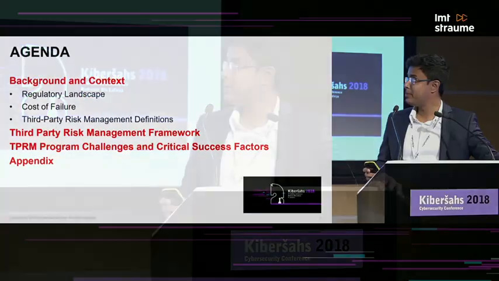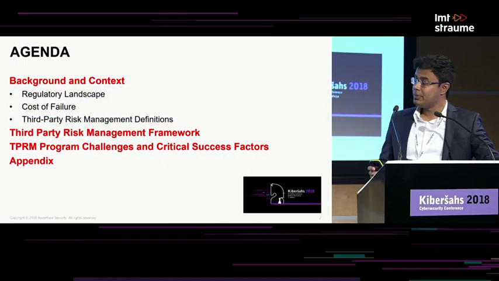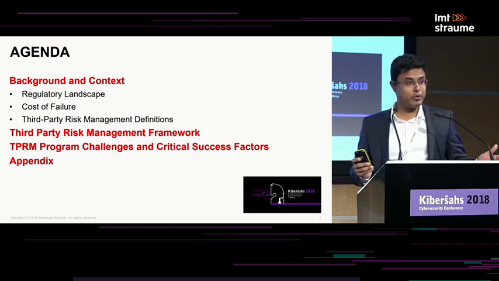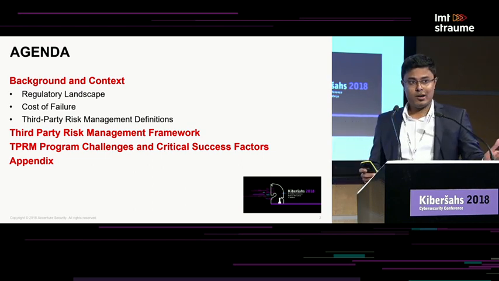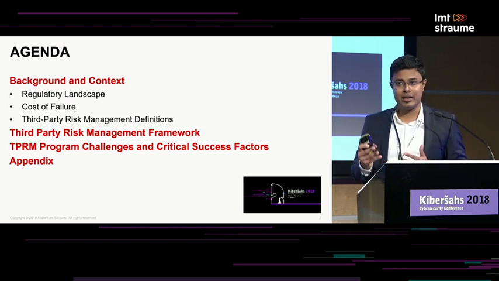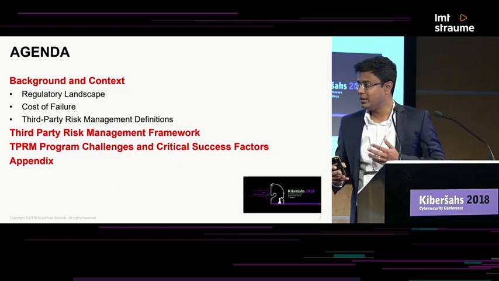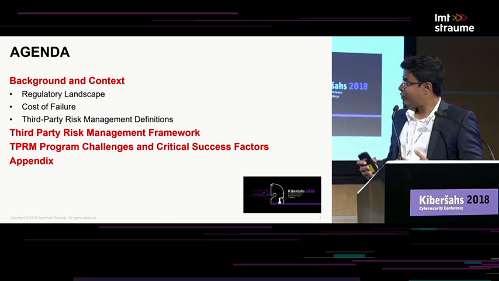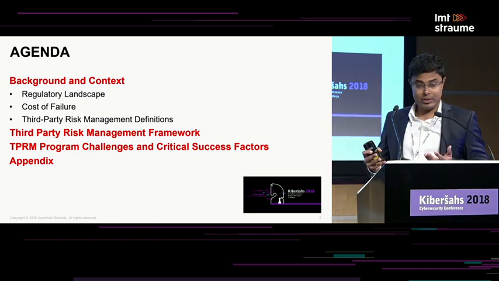Quickly, the agenda would be as written above. The background and context would be basically the regulatory landscape, how we are seeing regulations pushing companies to work with these risks.